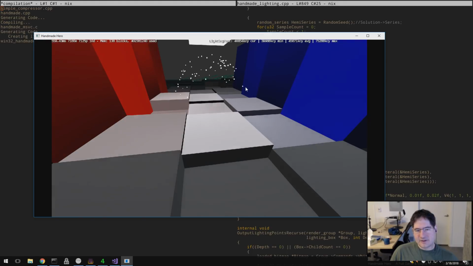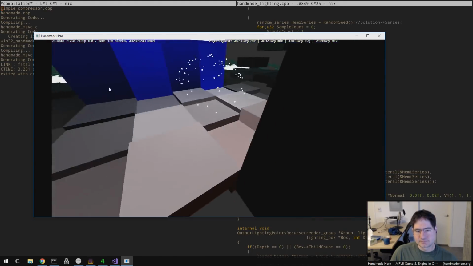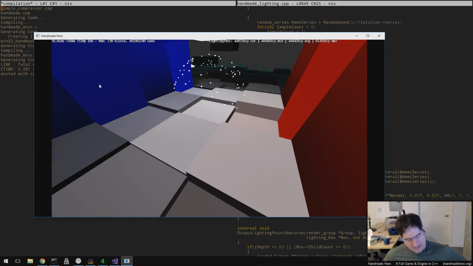But yeah, I feel like we'd have a hard time concentrating our values based on cosine theta, unless I'm missing something obvious.